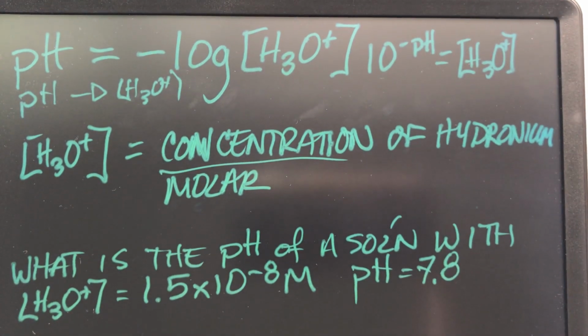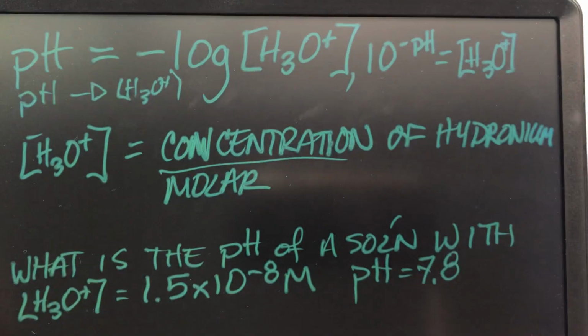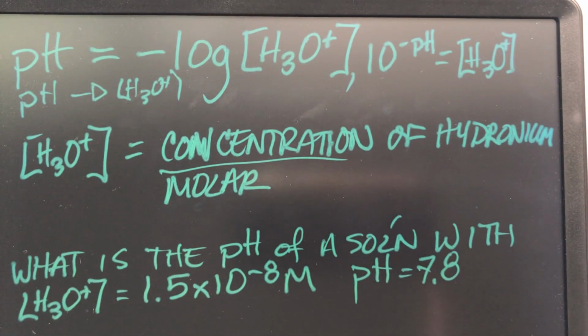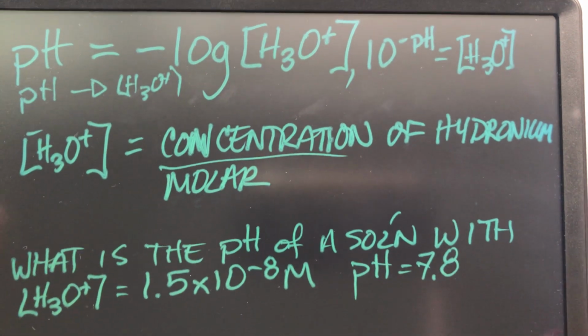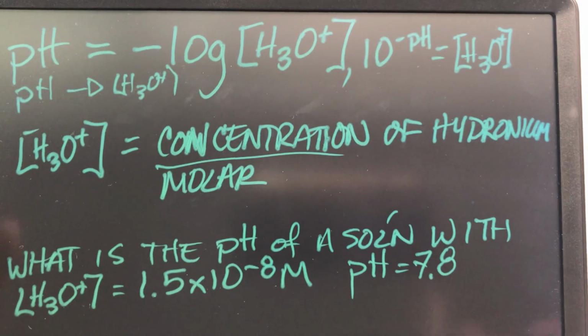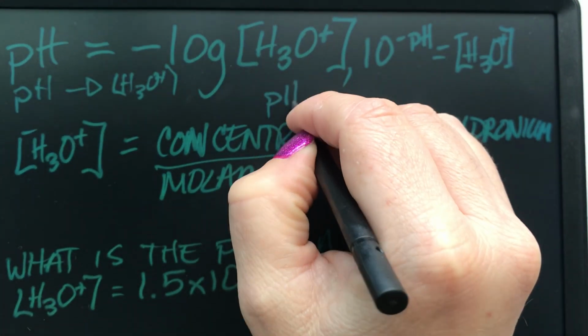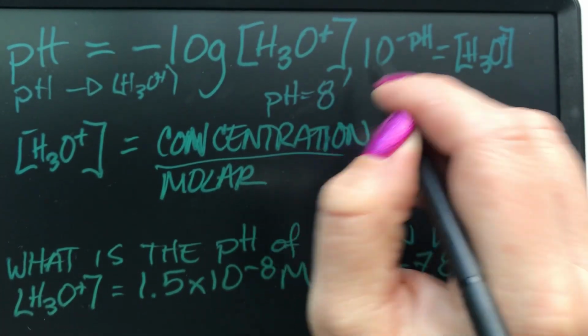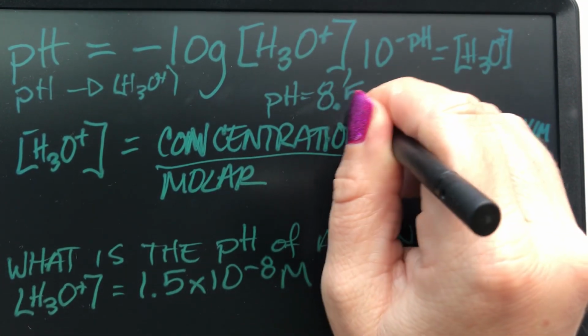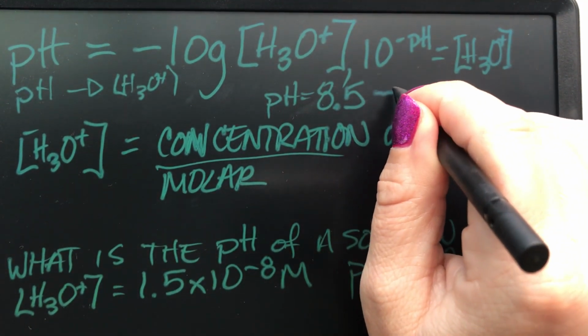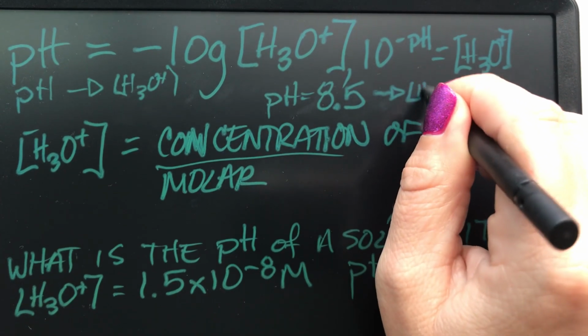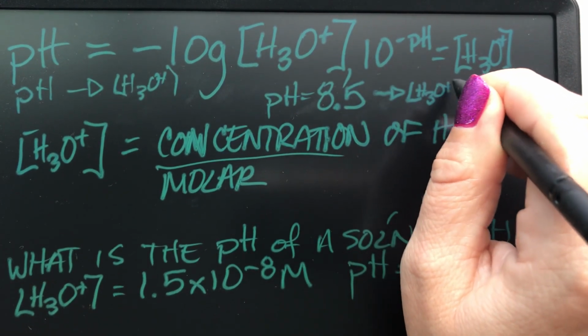When you're given pH and you want to know what the hydronium concentration is, it's as simple as taking 10 to the negative pH. So, if I have a pH equal to 8.5, what is my hydronium concentration?